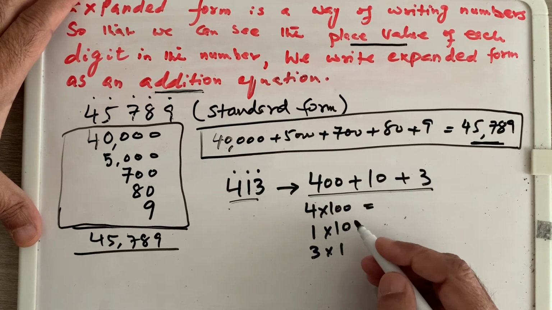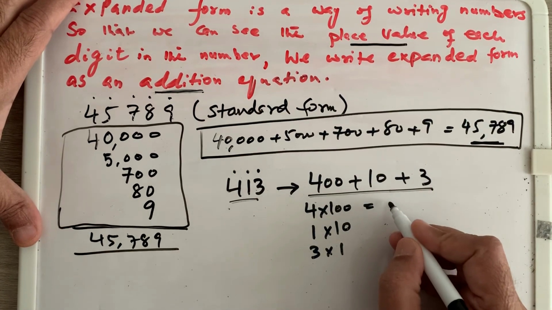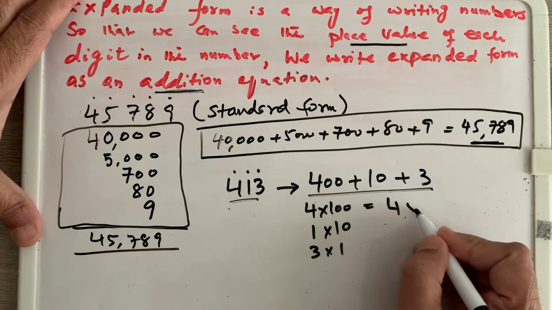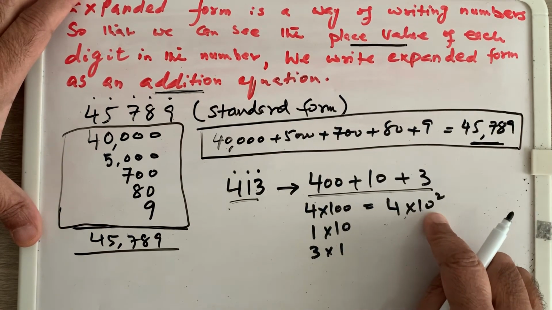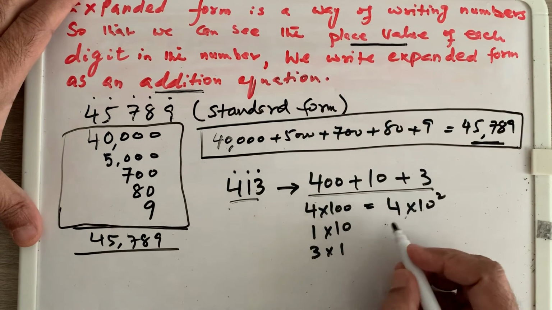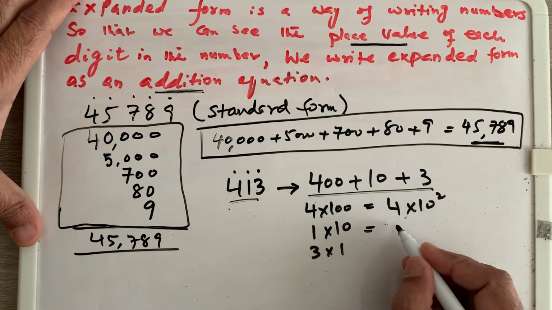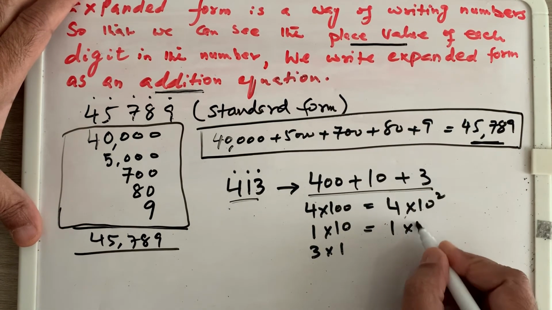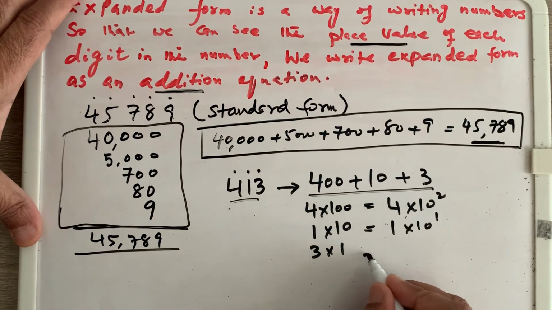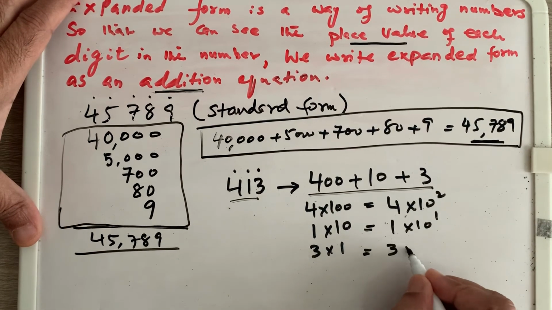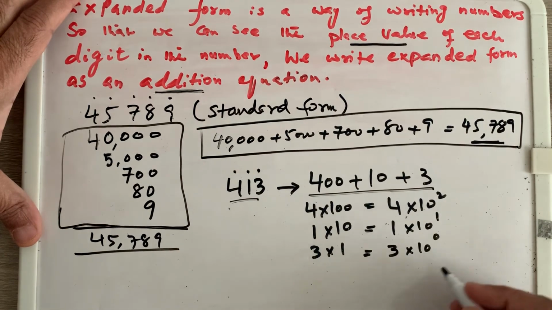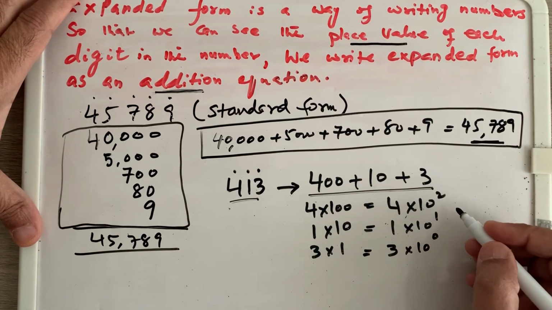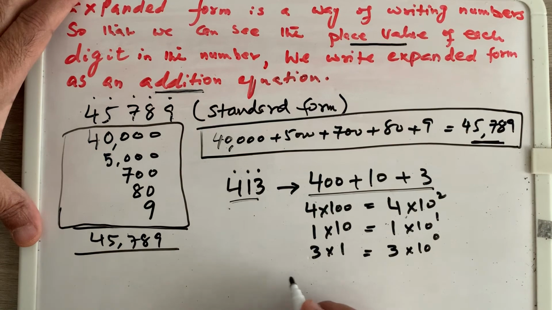But I can express it in exponent format as well, like 4 into 10 to the power 2. 10 to the power 2 means 100. That's the same thing. So I can write this one as 1 into 10 to the power 1. And then 3, I can write 3 into 10 to the power 0. So this is my exponent format. Or I can add them up together.